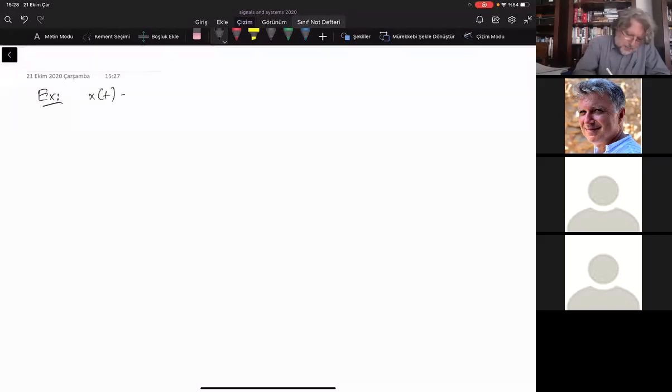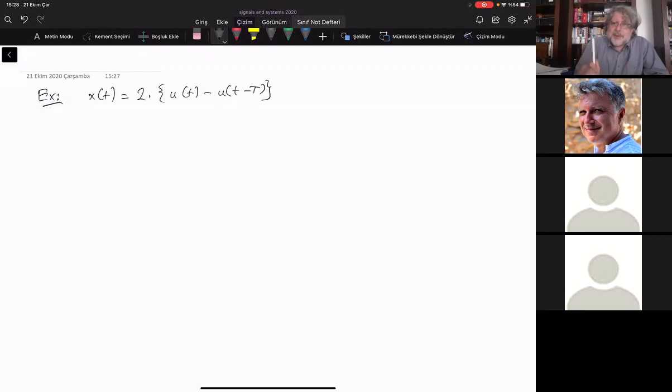x of t is given as 2 times u of t minus u of t minus capital T. In the previous years, I was using different ways of putting this, but for this year, let's just write it like this.